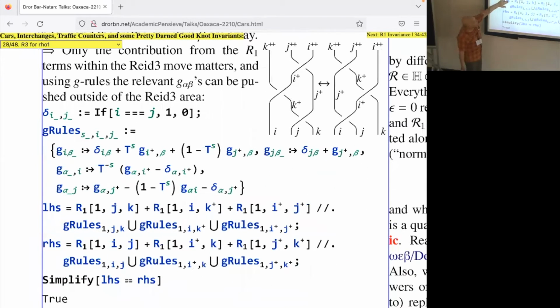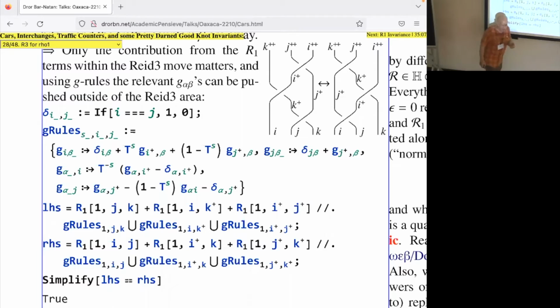So let's look at this. The left-hand side is R1 at J and K, so this is this crossing, plus R1 at I and K, so this is the second crossing, and so on. The right-hand side is another sum of 3 R1s.